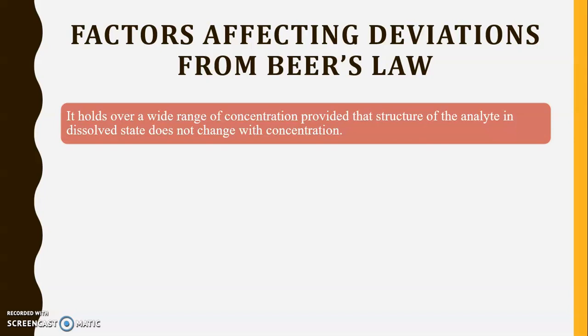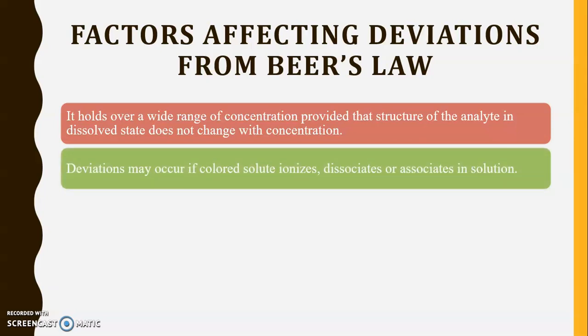So this is the first deviation. If a chemical structure change occurs in the experiment, then the absorbance obtained will be different. Also, deviations may occur if the colored solute ionizes, dissociates or associates in the solution.